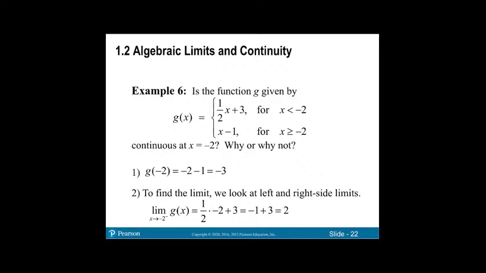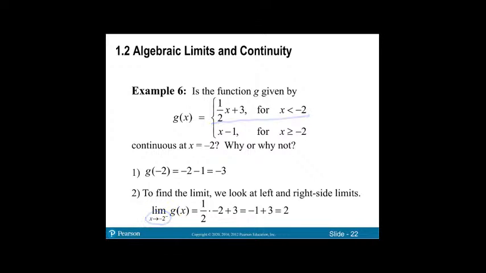Is this function continuous at -2? All right. So if we plug in, when x is -2, we're going to use this line, so the output would be -3. So g of -2 is -3, but then coming from the left is going to be this one. Looks like it's going to be 2, right? So as x approaches -2 coming from the left, we're going to use the first line.